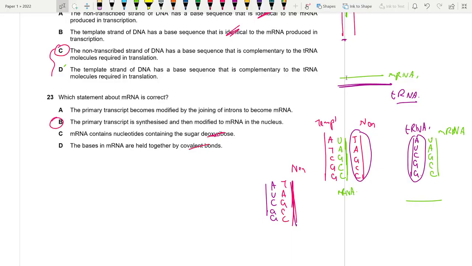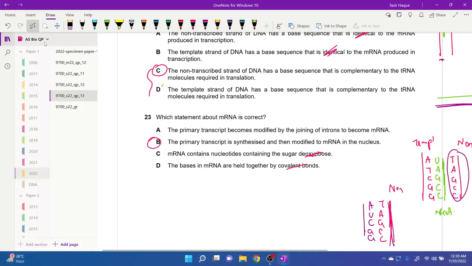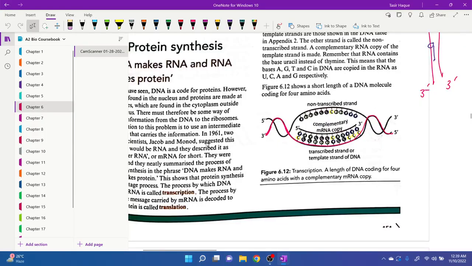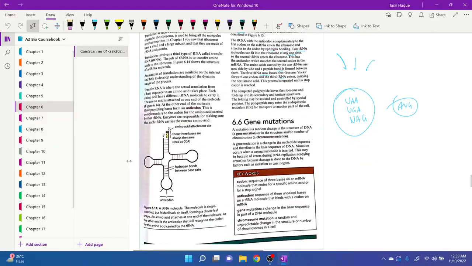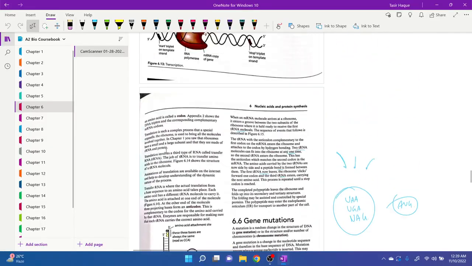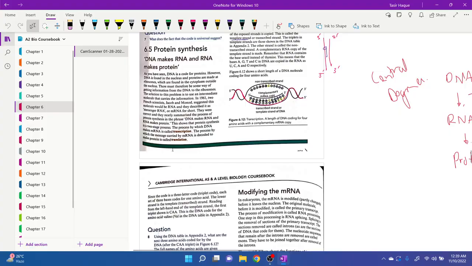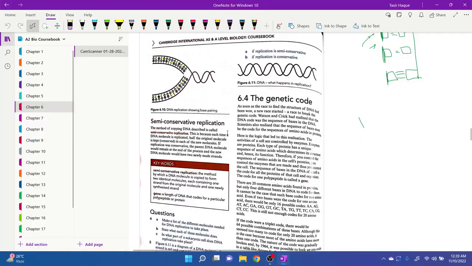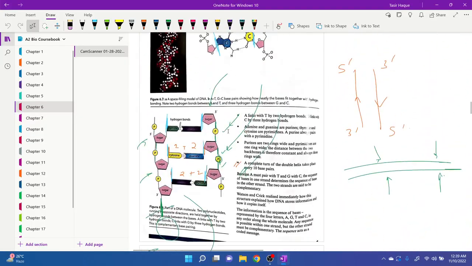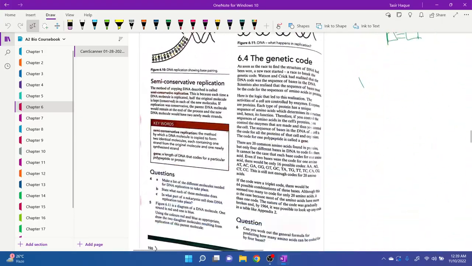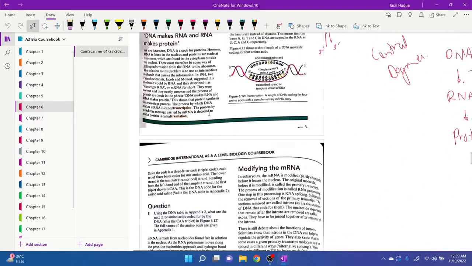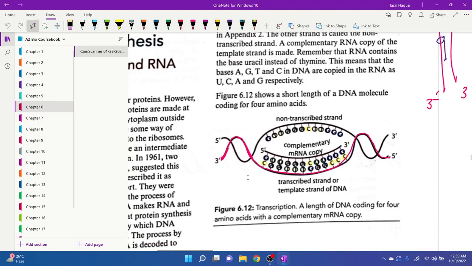The bases are held together. Which bases are they talking about though? Nitrogenous bases, right? Like here, the bases are held together by hydrogen bonds.